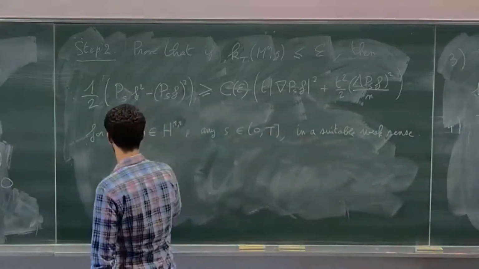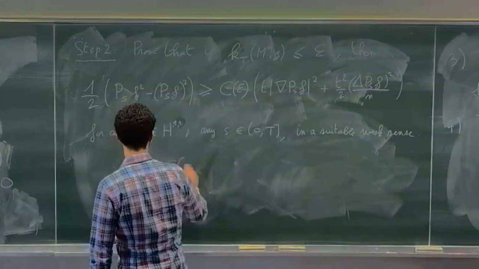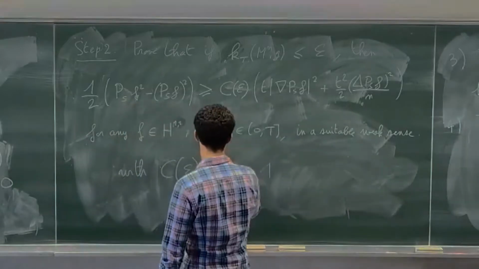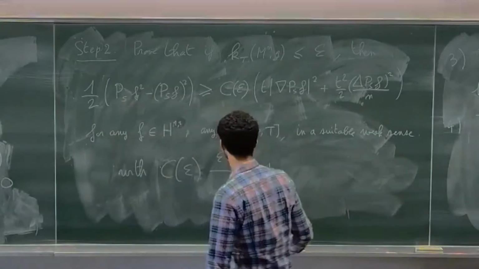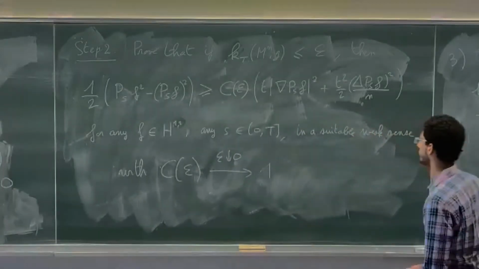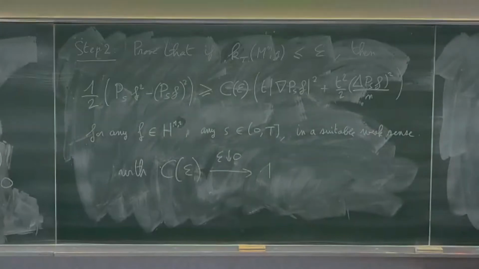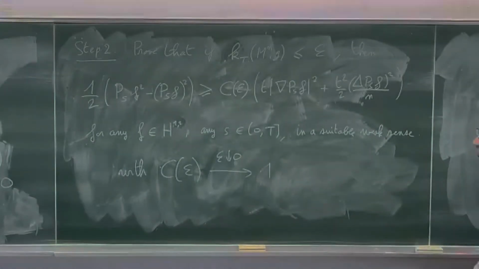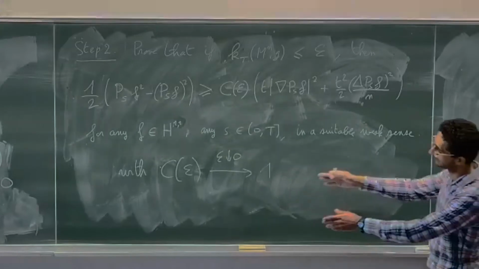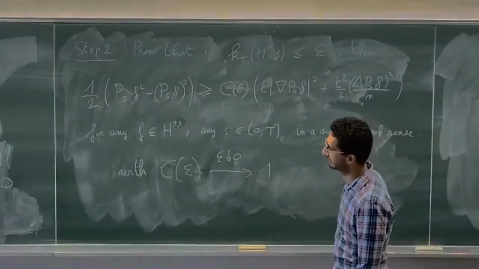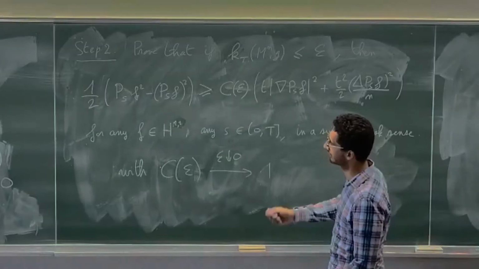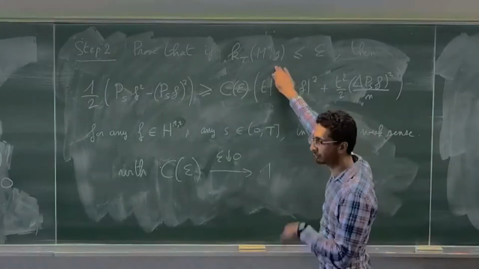Now what you want to do is to say, my tangent cone T_x X, I obtain it as a limit of manifolds with K_t going to 0.